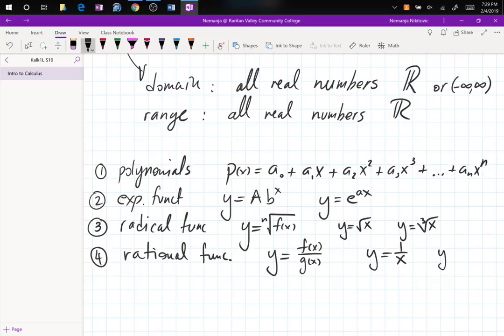But then you can have x squared plus 1 divided by 3x minus 7, whatever. Number 5, trig. You got 6 of those: sine, cosine, tangent, cotangent, secant, and cosecant. So trig, I'll just put all 6.